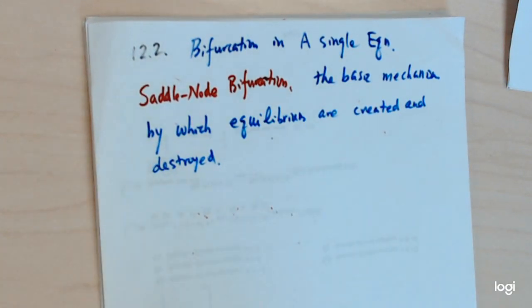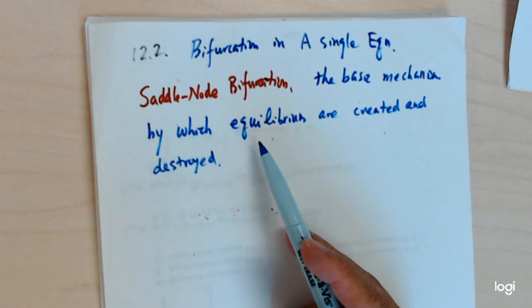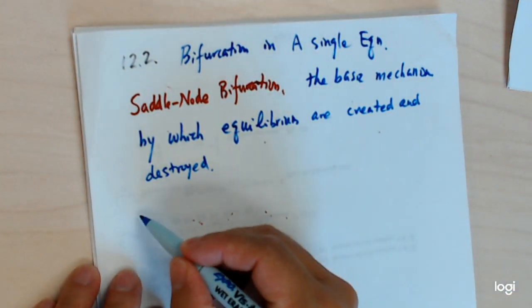Notice here we are not focusing on the stability type. Whenever the parameter passes some threshold and some equilibria pop up instead of none, we call this saddle node bifurcation.